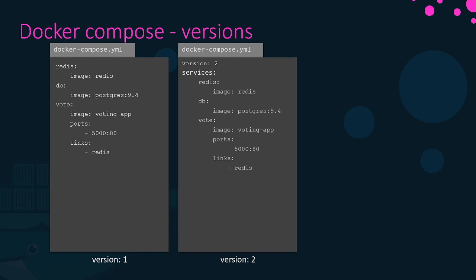Another difference is with networking. In version 1, Docker Compose attaches all the containers it runs to the default bridged network, and then uses links to enable communication between the containers as we did before. With version 2, Docker Compose automatically creates a dedicated bridged network for this application and then attaches all containers to that new network.